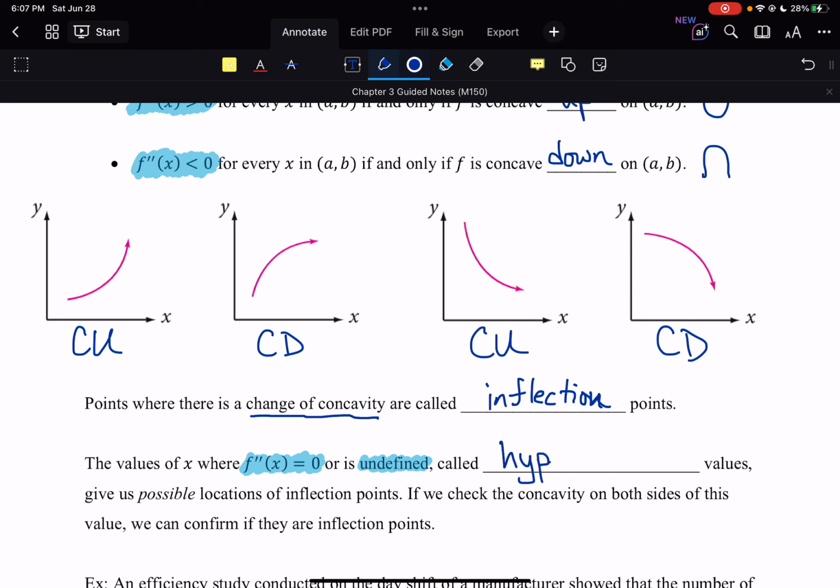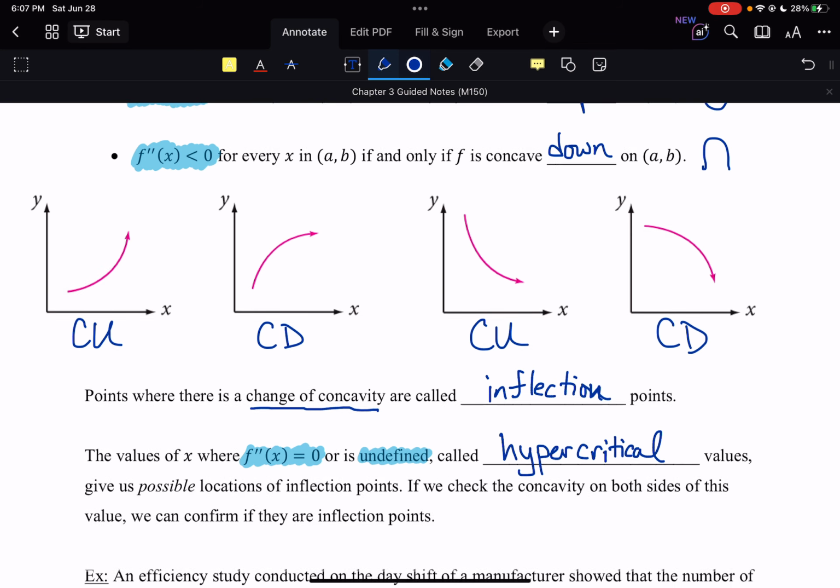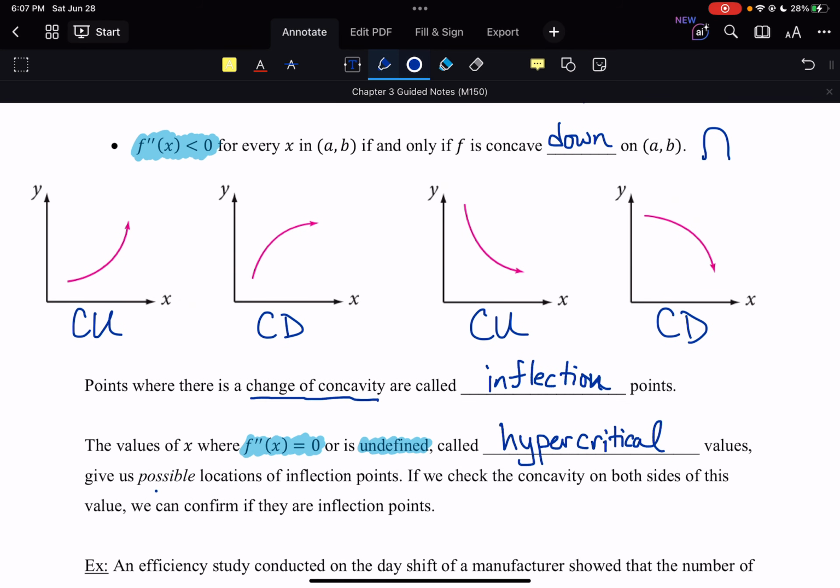They're actually called hypercritical values. These hypercritical values give us possible locations of inflection points. So we take the second derivative, set it equal to 0, and then determine any possible locations of inflection points. What we would then do is check the concavity on both sides of that value to confirm if they are inflection points or not.